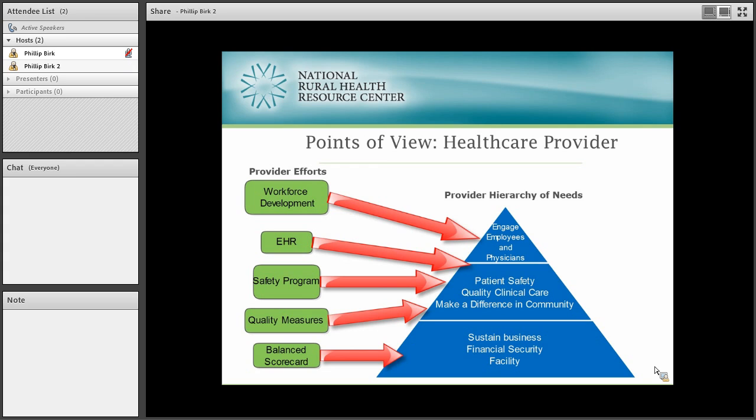If you're trying to improve falls, you might have a falls prevention program, for example, and implementing electronic health records pretty high up. And then engaging employees and physicians is critical, particularly in rural where it's so hard to get physicians and good staff.